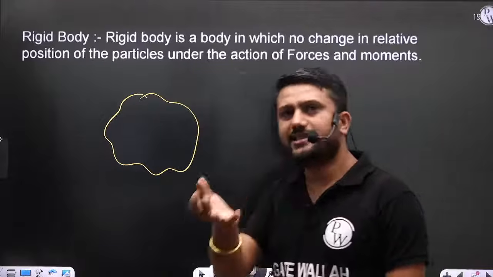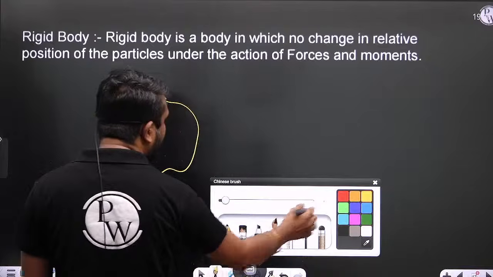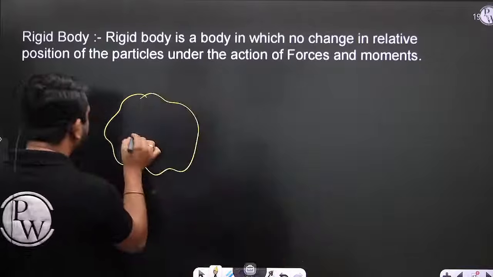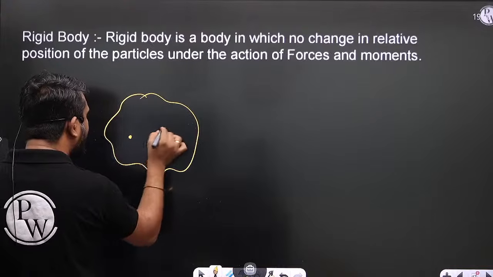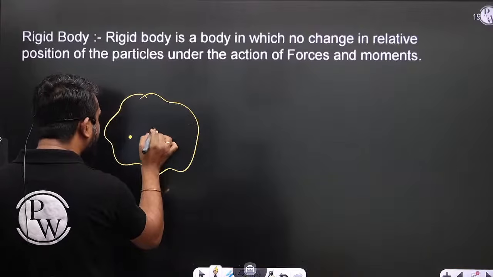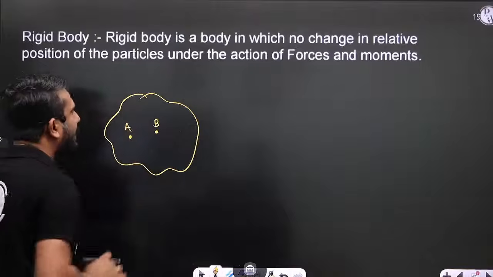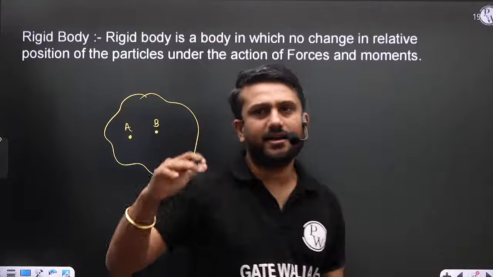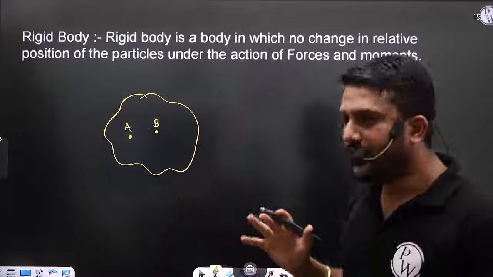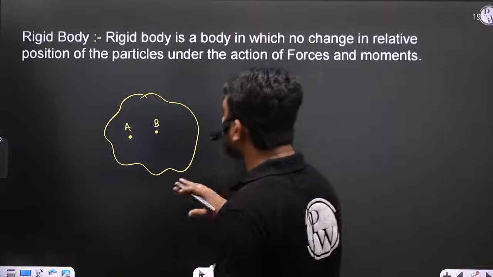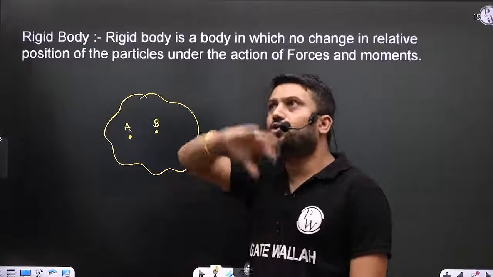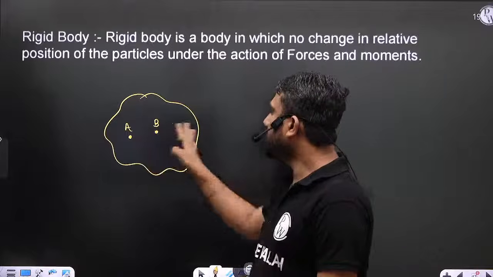So let us consider two particles. This is the particle number A and this is the particle number B. This is any random body, and out of those number of particles, I am considering these two particles.